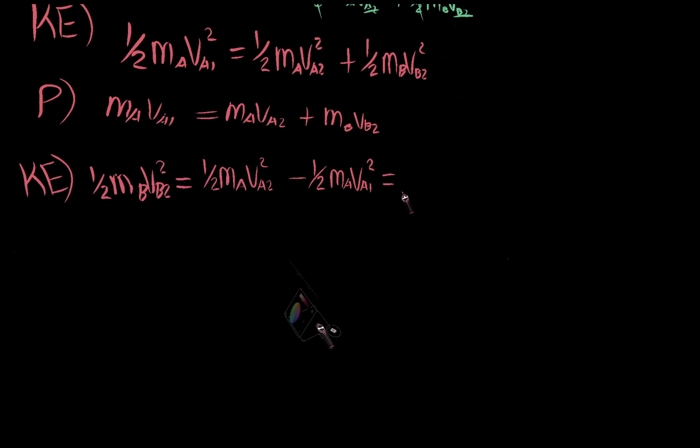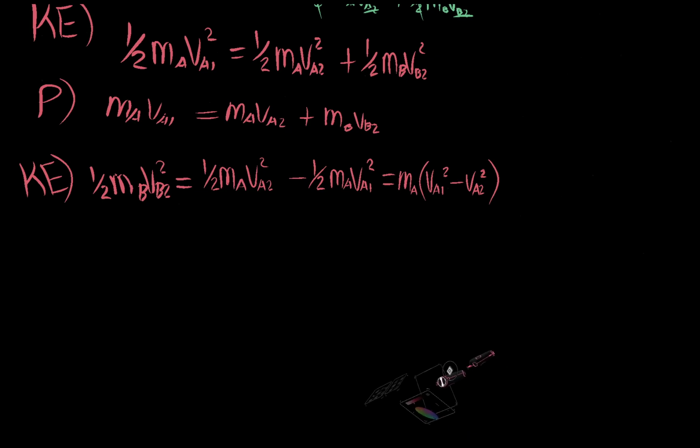So we can pull out the MA, right? So MA, oops, VA1 squared minus VA2 squared, yeah, VA1 minus VA2.